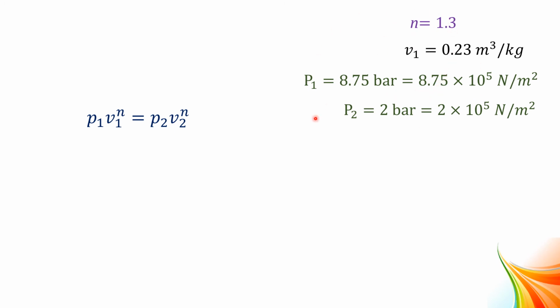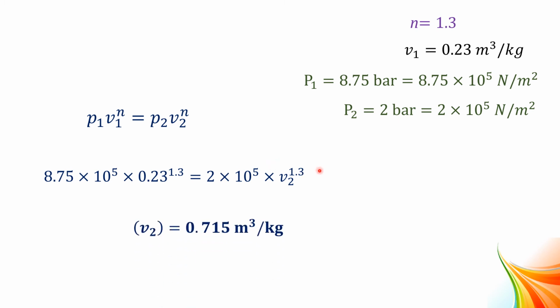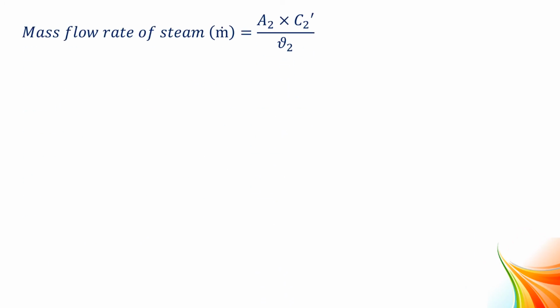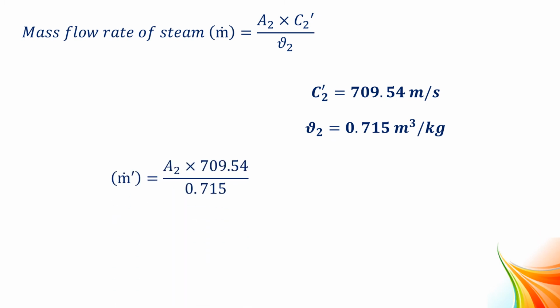Now substituting these values in this equation, we get V2 equal to 0.715 meter cube per kilogram. Now, substituting the values of C2 dash and V2 in the mass flow rate equation. So m dot dash equal to 992.3682 A2. Now we get the value of m dot dash in terms of A2 as well as m dot in terms of A2.